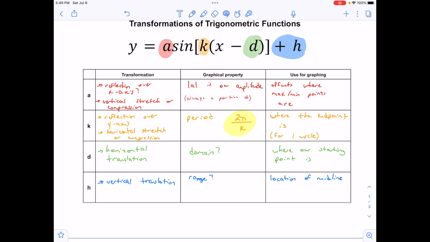You know what? I'm going to put that under here. Our midline is located at y is equal to h. H also helps us to determine where the starting point is.